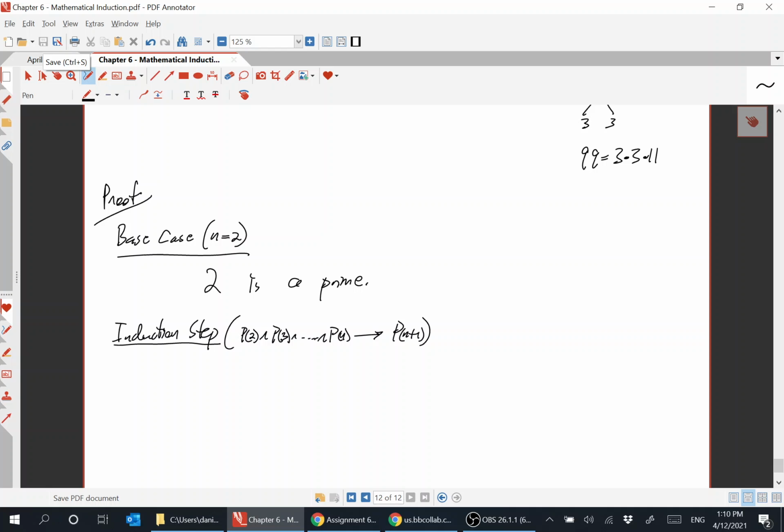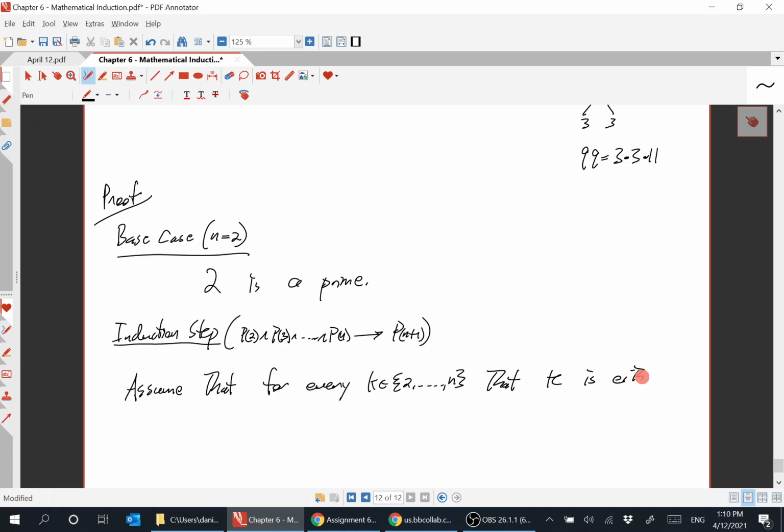So here's the inductive hypothesis. Assume that for every k in the set from 2 to n, k is either prime or a product of primes.